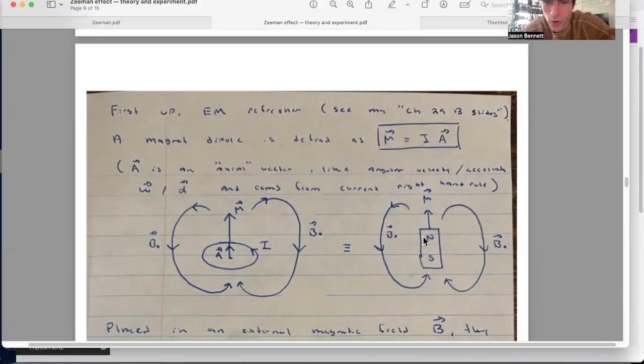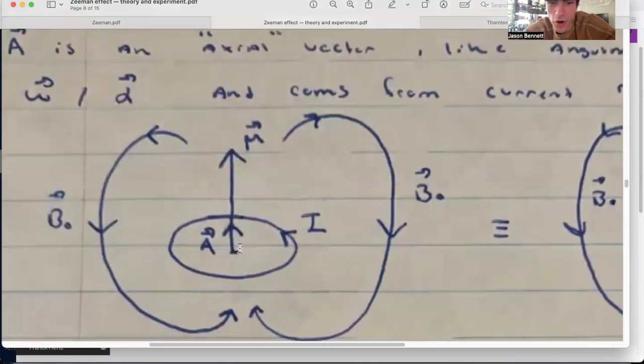So we're orienting the magnetic moment, the dipole moment, in the direction where the magnetic field lines are coming out. So that's the reason it's in that direction. This I, that's just a number. It's just the current. A is something called an axial vector. Basically, if you have an area, the normal vector to that area is an axial vector.